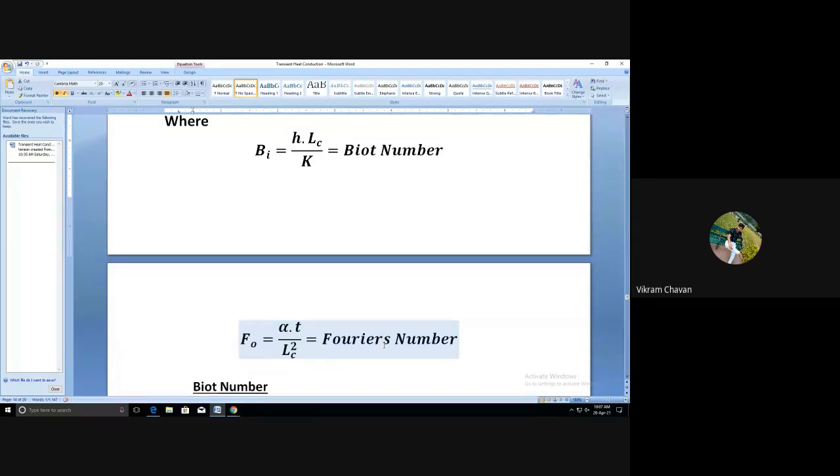That is thermal diffusivity multiplied by time divided by characteristic length square, which is equal to the Fourier number.